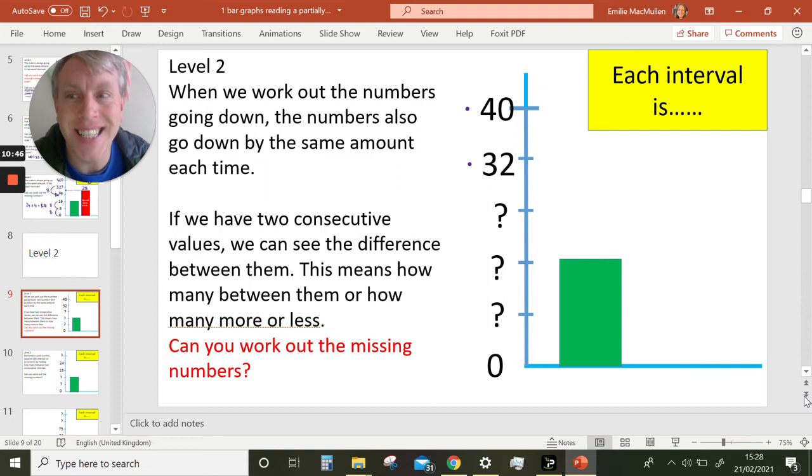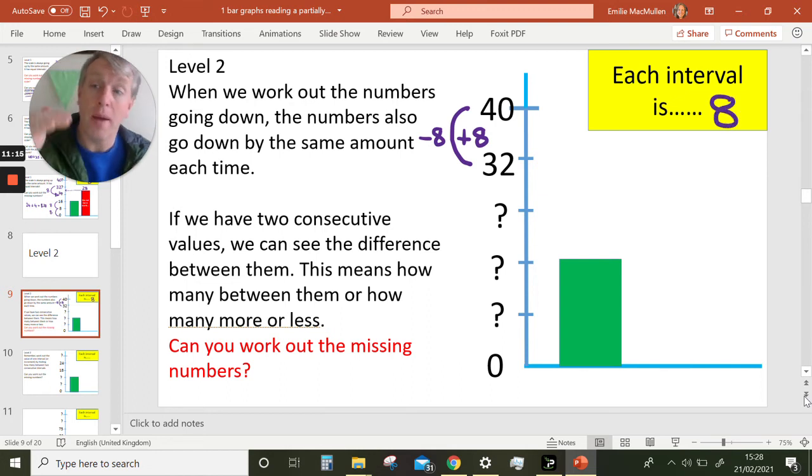I can still work out the interval because there's one jump between 32 and 40. 32 add how many is 40, add 8. Or I could have done 40, how many, take away how many gets to 32. So look, each interval is 8.